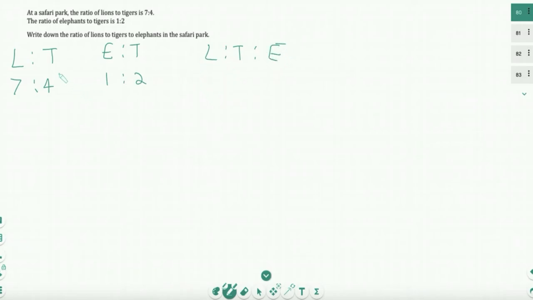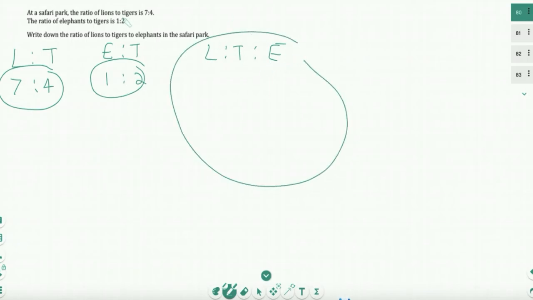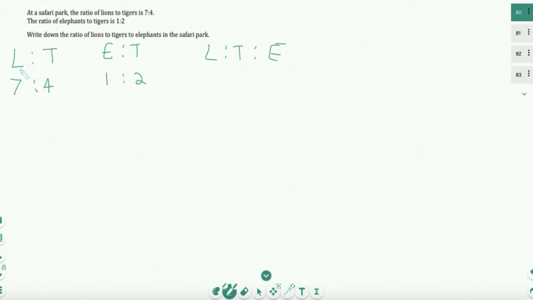Okay, so what I like doing is I like to combine both these ratios into one little chart over here. So what do we know? The ratio of lions to tigers is 7 to 4. And we know the ratio of elephants to tigers is 1 to 2. And I'll put that below. Now, since we have a value for the tigers, we're going to use the tigers to help us.